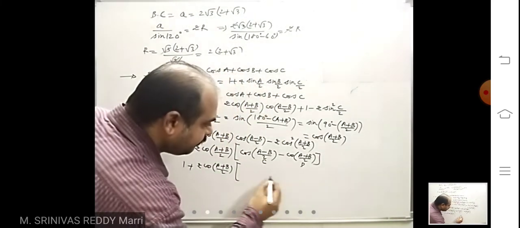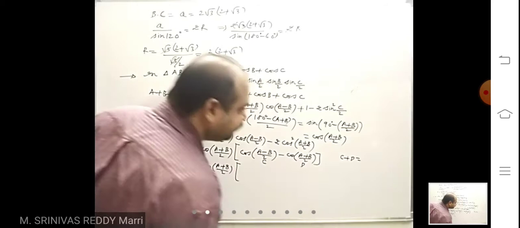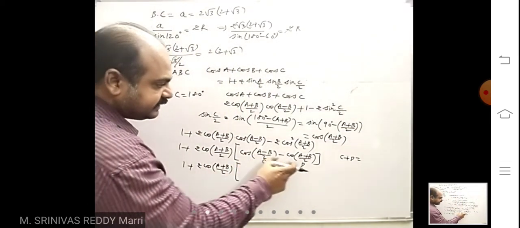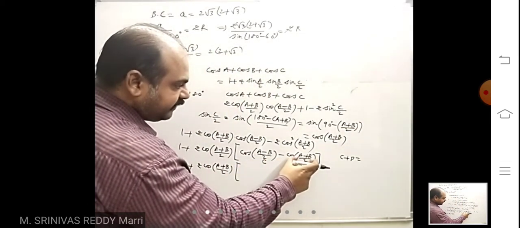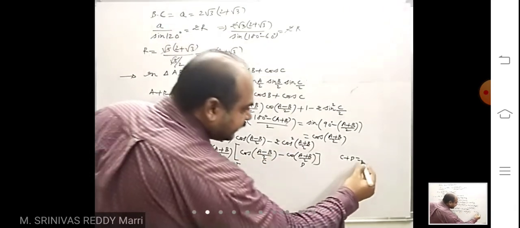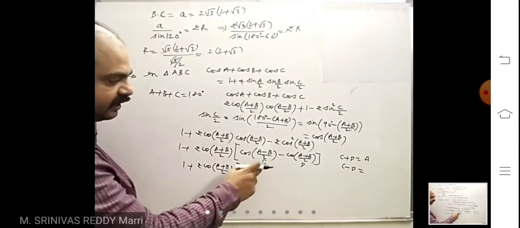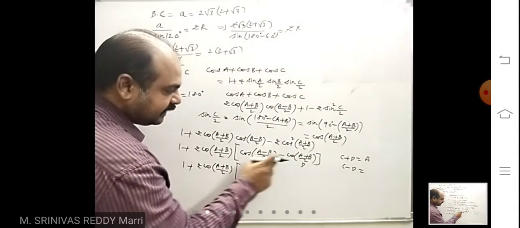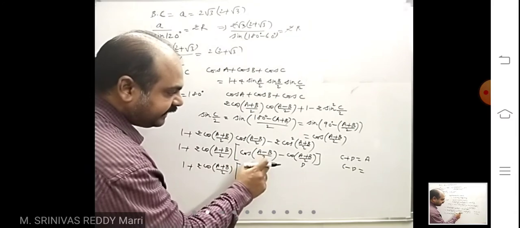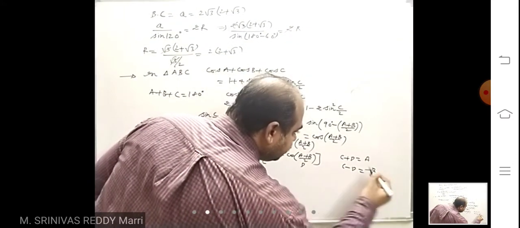So what is the formula? 2 sin C plus D by 2. C plus D is what actually, if we add this and this? B by 2 will get cancelled. C plus D is A. C minus D is what? This minus this. A by 2 will get cancelled, minus B by 2 minus B by 2. That means minus B you will get.